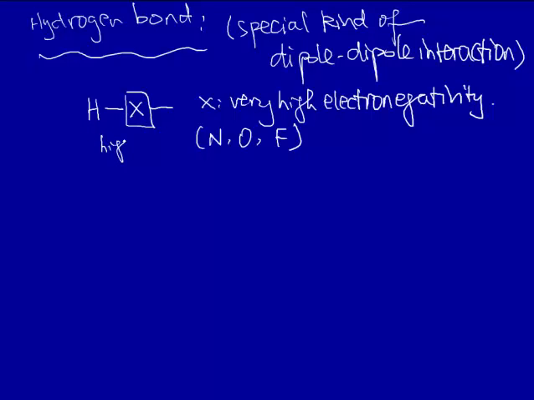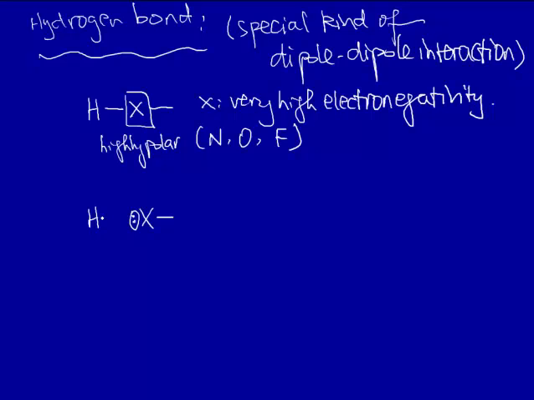So in a case like this, the pair of electrons is almost going to be on the X, and very little is going to be on the H.